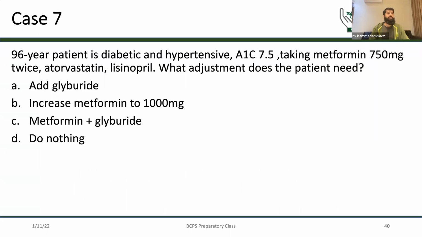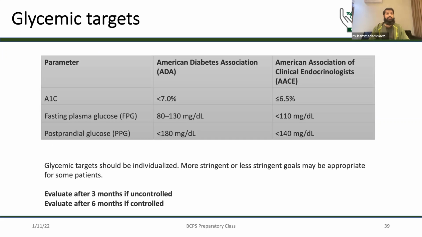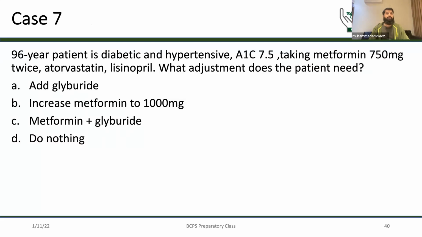So this is a 96-year-old patient, very old patient. He's diabetic and hypertensive with an A1C of 7.5, taking metformin, atorvastatin, lisinopril. What adjustment does the patient need? So this is about individualization of therapy based on the needs of the patient. So if we look at this criteria, A1C levels should be less than 7. And here the patient has an A1C level of 7.5.